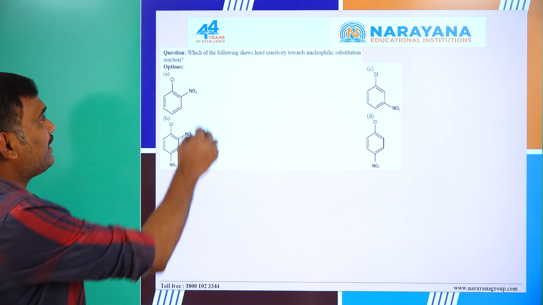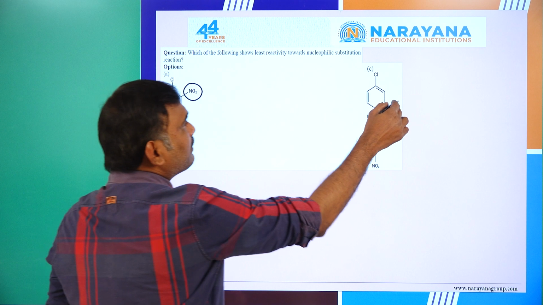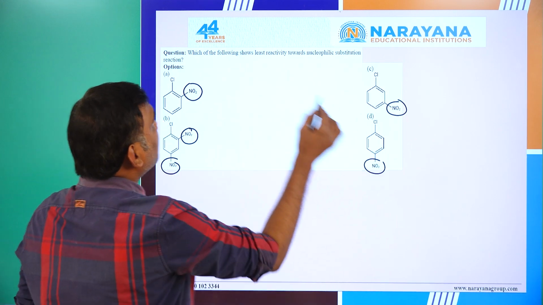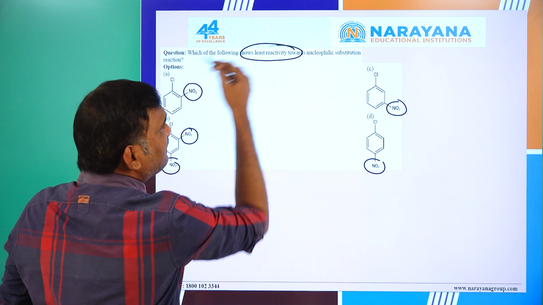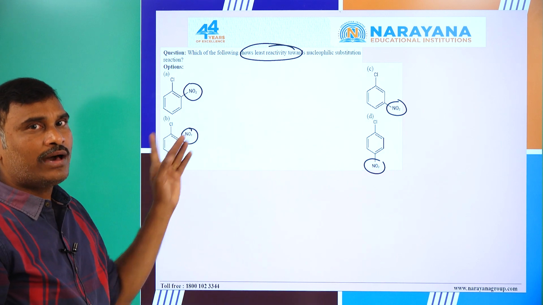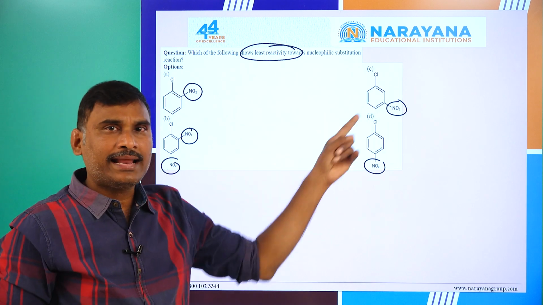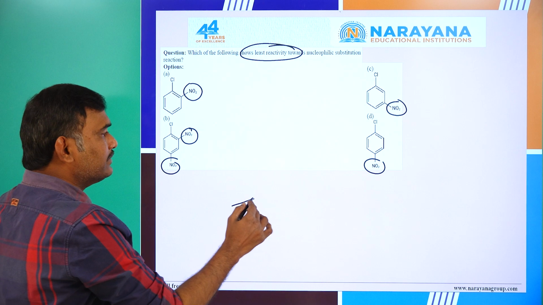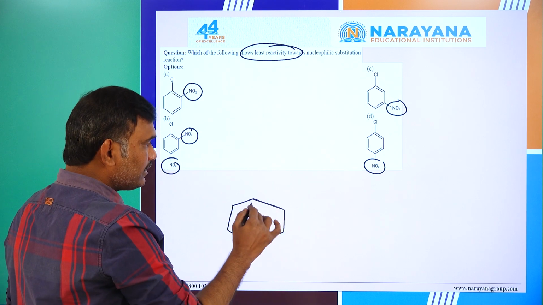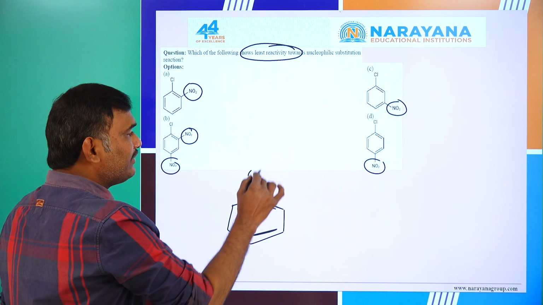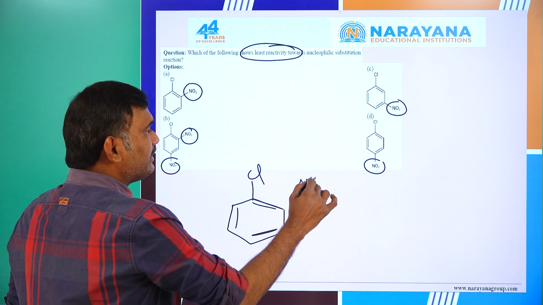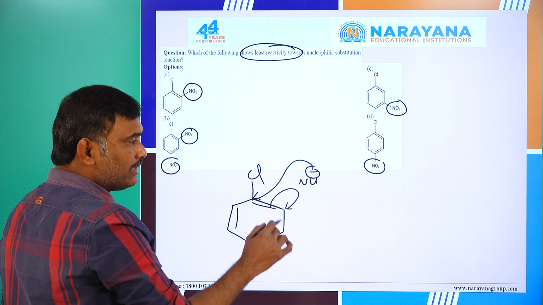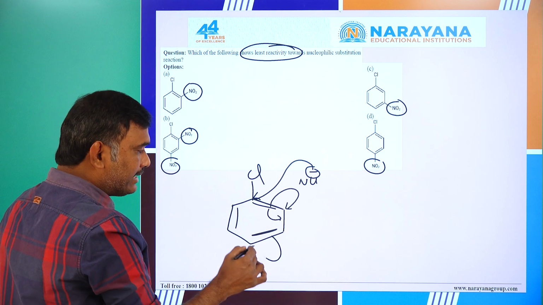So check it, here is only one ortho, here is completely meta, here is ortho and para, here is the para. But the question is least reactivity. Most reactivity is either ortho or para. Whenever ortho or para is present, after attack of nucleophile, the carbanion gets stabilized. Let us see. Here is the leaving group. When the nucleophile comes here, it goes to here or here, again here.